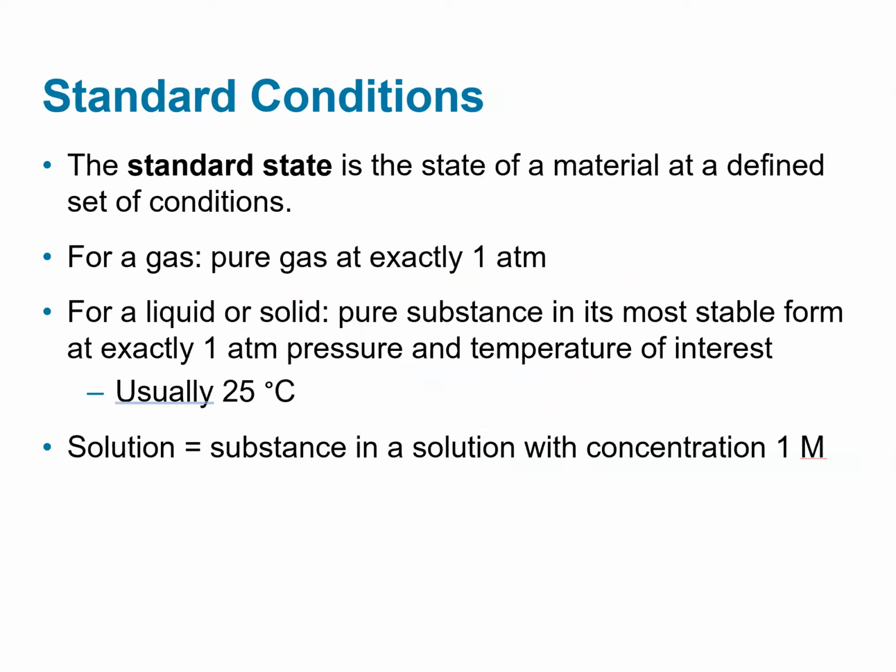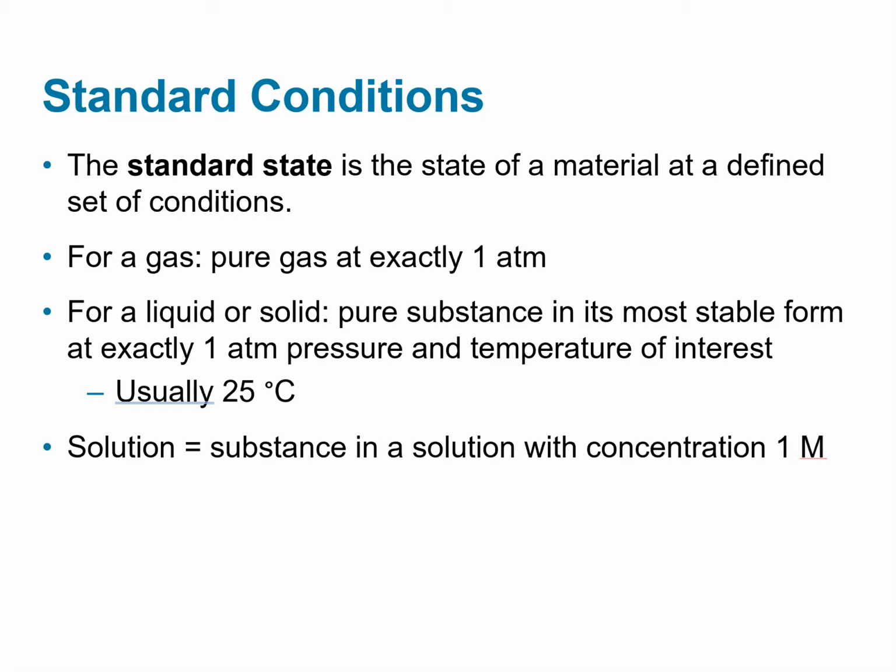So one thing that we have to include is standard conditions, because I keep saying at this temperature, at high temperature, at low temperature. It can happen spontaneously here, but not necessarily here. And that's because our universe is complex. But one of the things we can do to strip away some of that complexity when we discuss thermodynamic properties of a chemical reaction is to refer to chemical reactions in terms of standard states. And that takes some of the ambiguity about the conditions away.